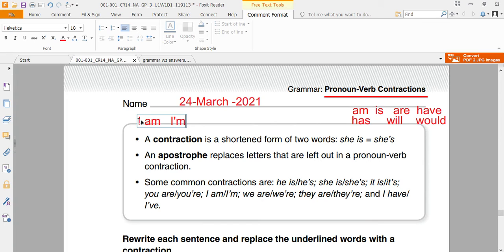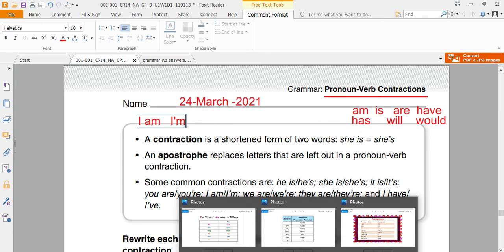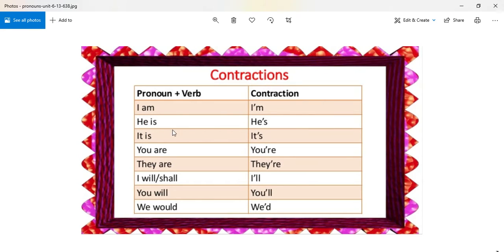So the spelling and the writing are different, and the pronunciation is different too. Here are the pronouns and the verbs, and here is the contraction for them. I am: you drop the A, and we use an apostrophe and write them as one word, I'm.